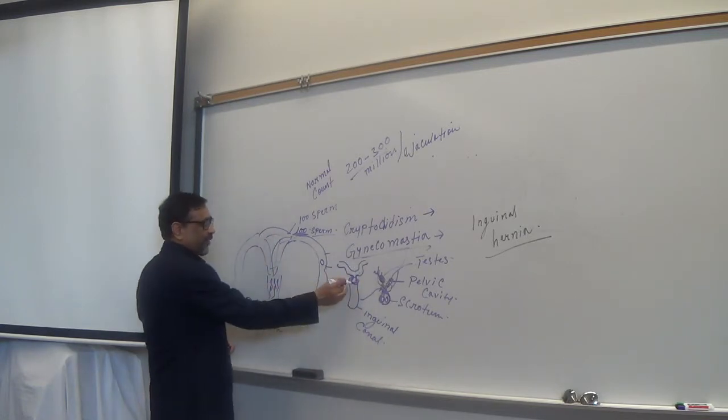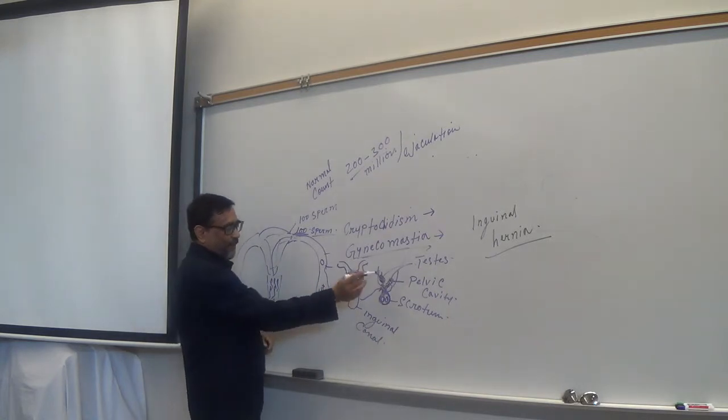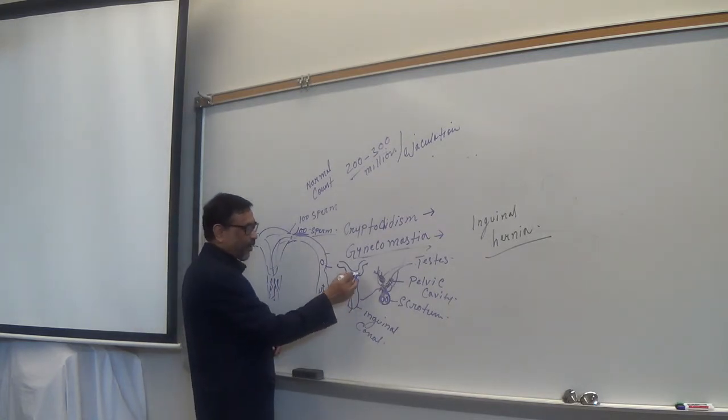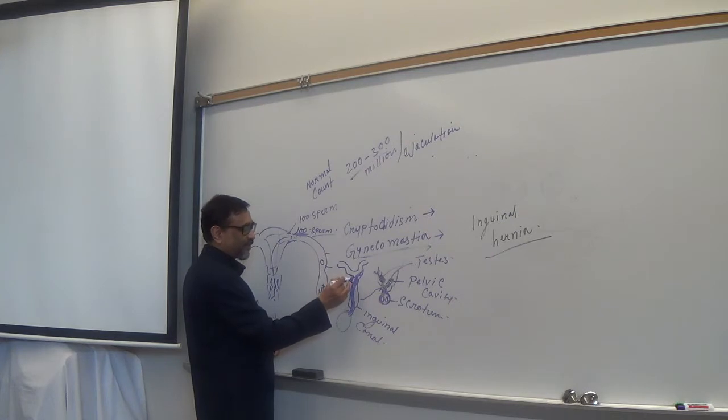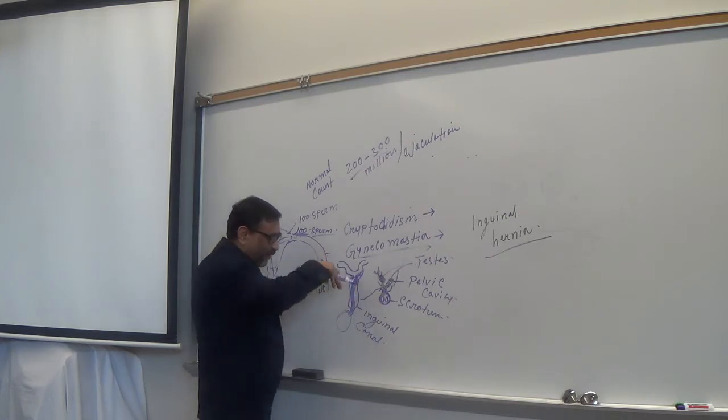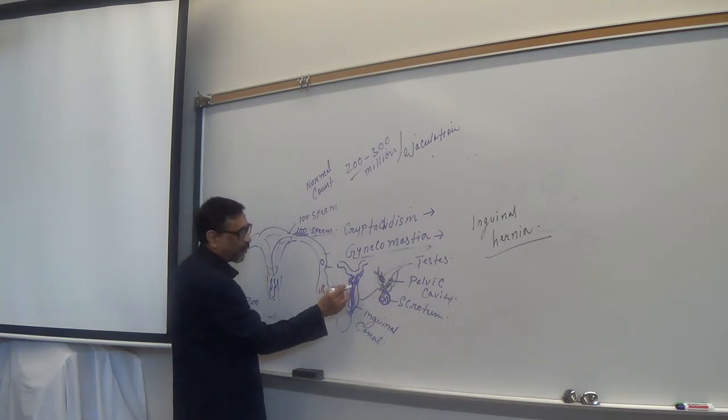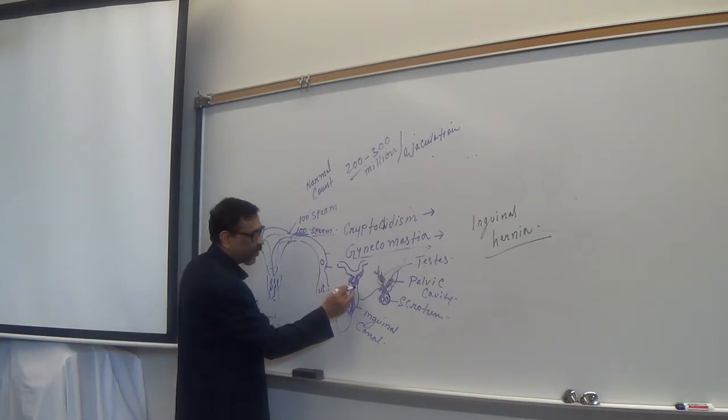Okay. So this is inguinal hernia, and now remember the spermatic cord. This canal is for the spermatic cord, inguinal canal. So the ductus deferens or vas deferens that takes the sperm out from the testis, this is the testis. So this is the ductus deferens, runs through the spermatic cord. And now when the small intestine enters into the inguinal canal, it pushes the spermatic cord and blocks the ductus deferens.